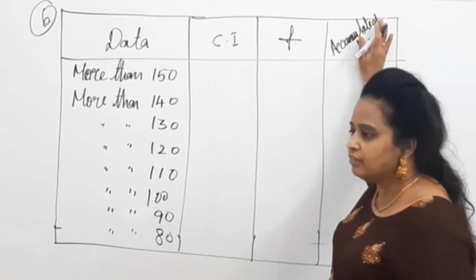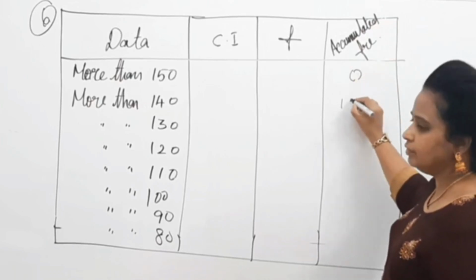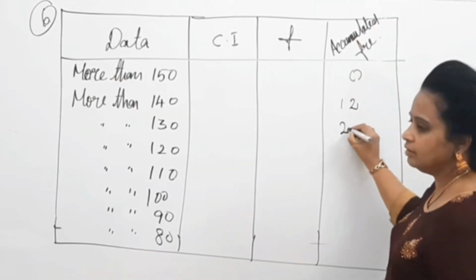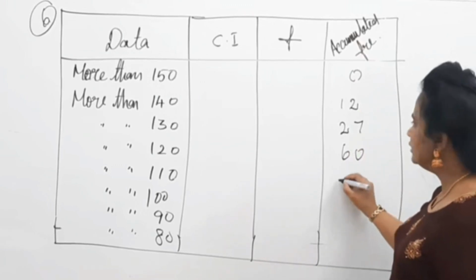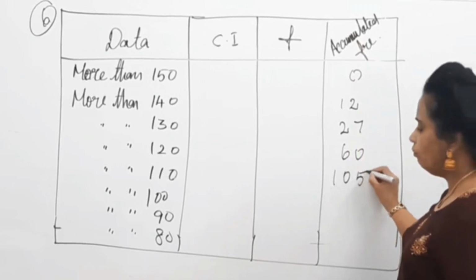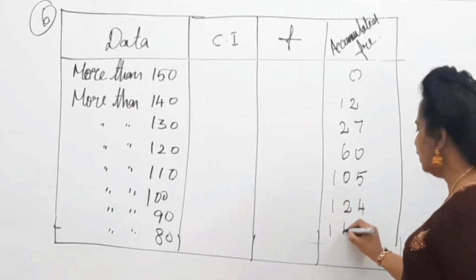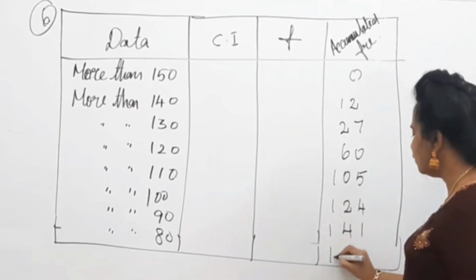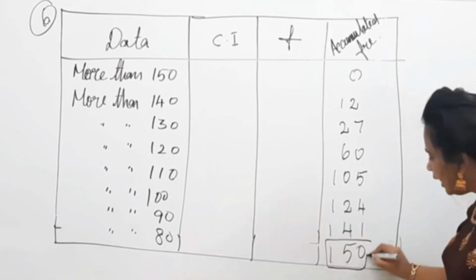The accumulated frequency is given: 0, 12, 27, 60, 105, 124, 141 and then 150. So you understood this is going to be my n.